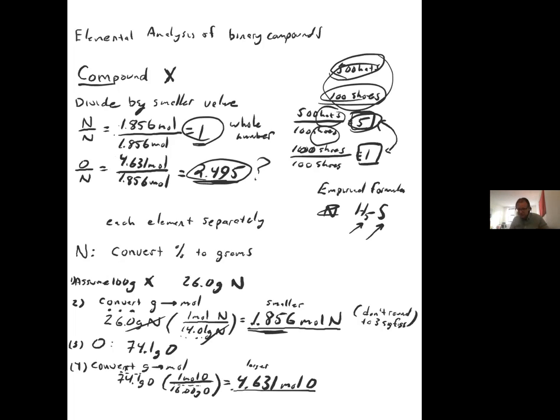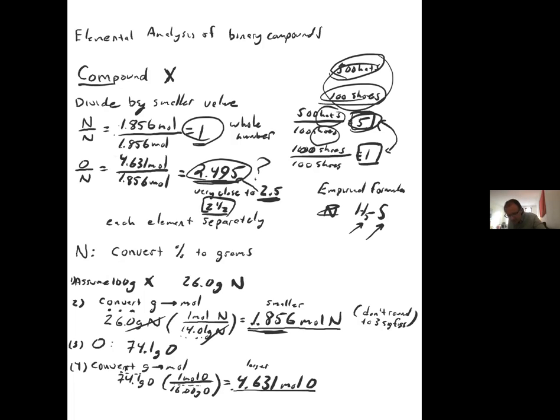So that's one additional step. Notice this is very close to 2.5. It's almost exactly 2.5. So here's what we do. We look at that number and say, hey, that's really close to 2.5, so that means it's 2.5.